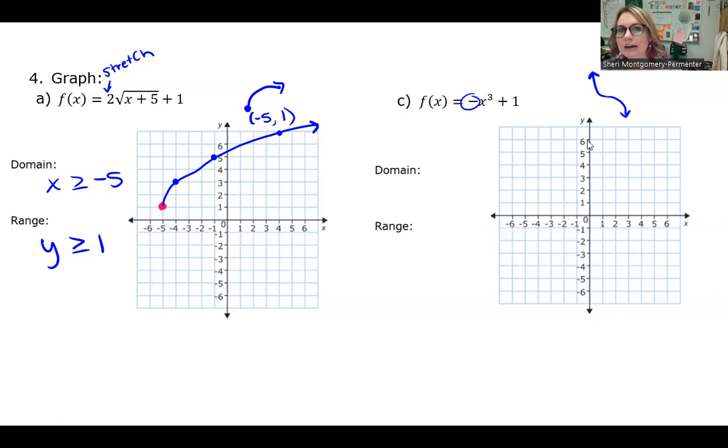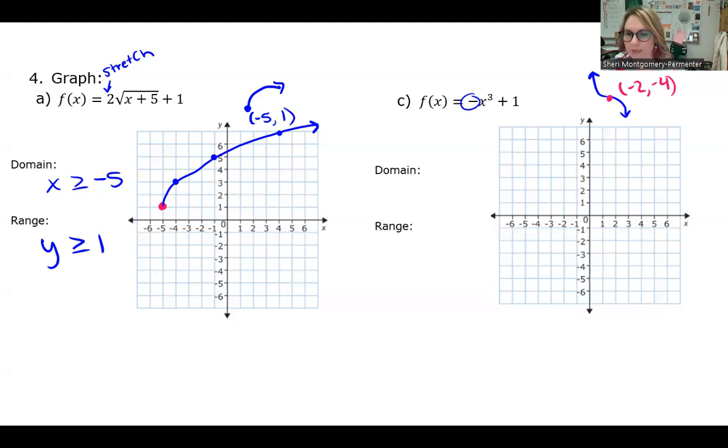My next graph, I need to figure out what is my center point. What is this center point going to be? Very good. -2, -4.